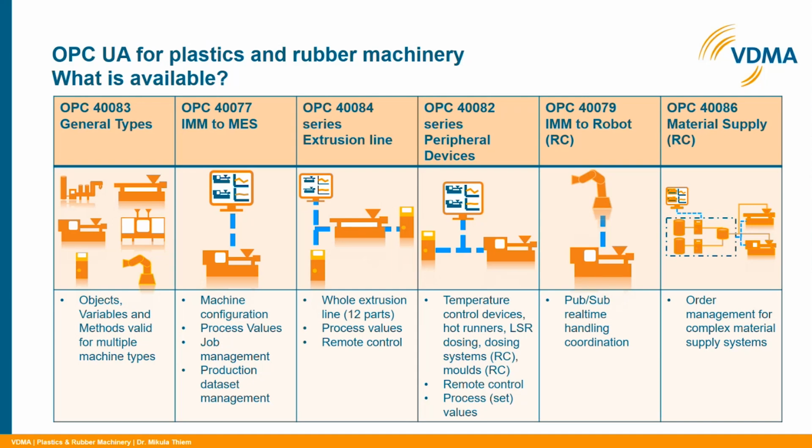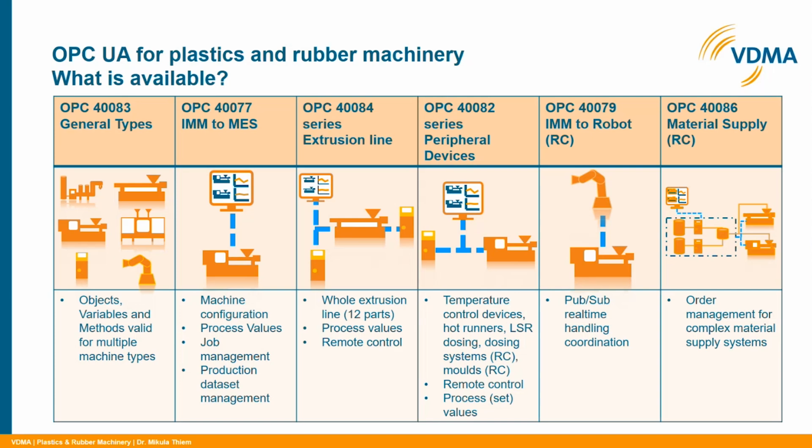And then we have a whole specification series for the extrusion line. This is the OPC 40084 series. This consists of a total of 12 parts. So every component has its own part. You have the extruder itself, the haul-off, the saw, pelletizer, and so on. And of course, it is used for process values and remote control in the extrusion line.